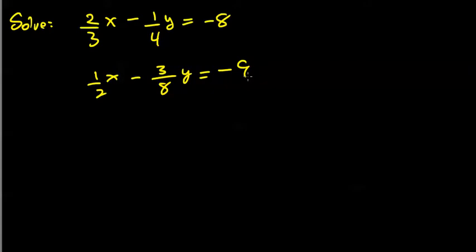Well, this is a little nastier, and these two linear equations are both in standard form, but pretty much all these coefficients of x and y are fractions, kind of unpleasant fractions. Well, what are we going to do? Well, probably the first thing I would do here is to clear the fractions.